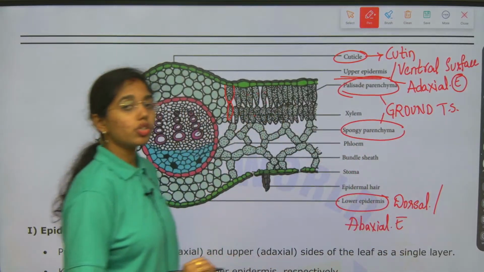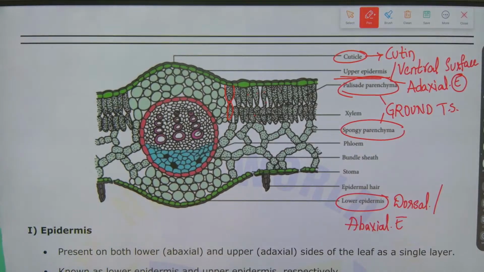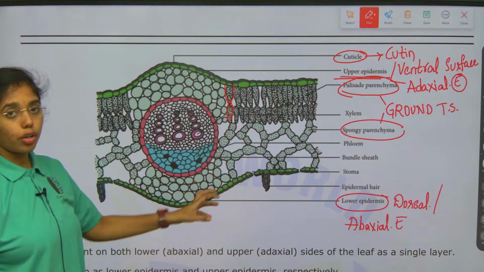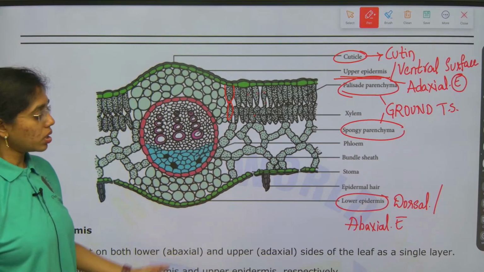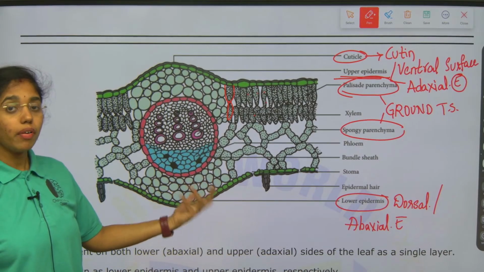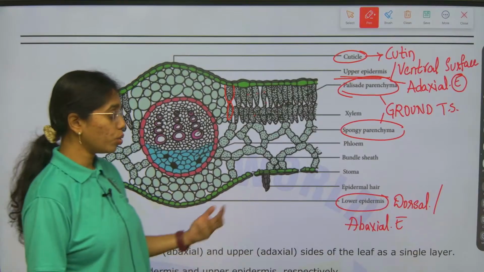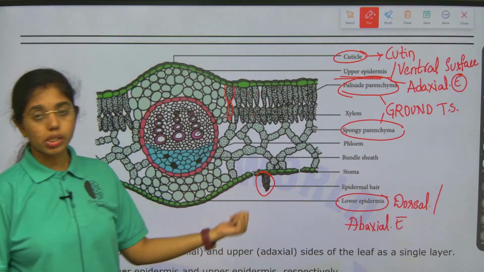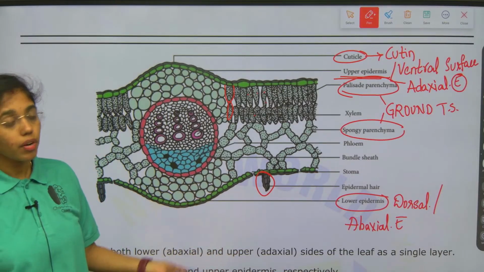If you look into the stomatal distribution, a greater number of stomata is seen in the abaxial or dorsal epidermis, for the prevention of transpiration. This is an adaptation to prevent transpiration. More stomata are present on the lower surface of the leaf.